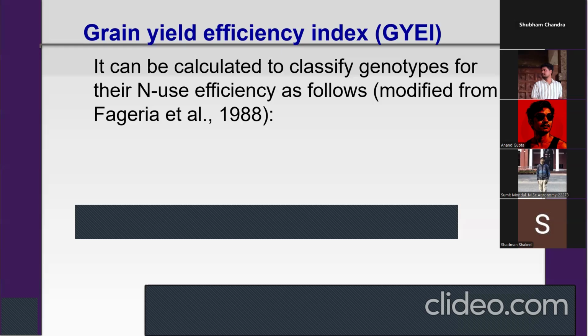If some varieties are nitrogen use efficient, then they will be easily released compared to other varieties. But after some years, they have developed another concept that your variety should be NPK use efficient. All the three nutrients should be utilized by varieties effectively. Then your varieties will be released.